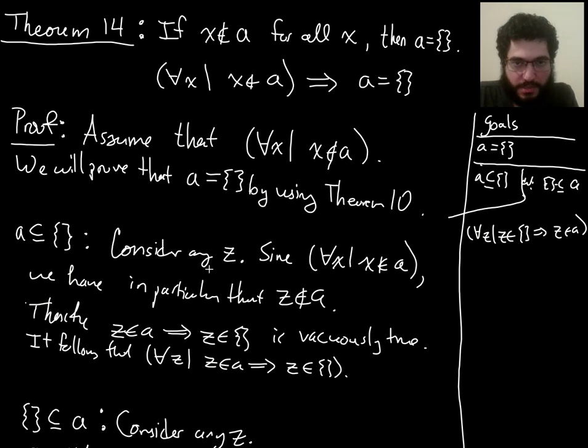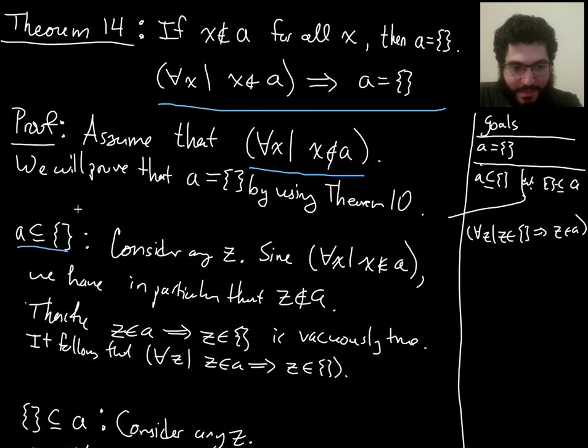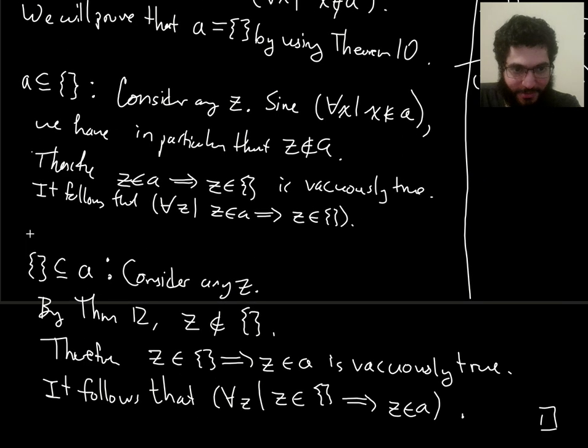So one interesting thing to notice about this proof is that when we proved this inclusion, we needed to use our assumption here, right? What we were proving is this implication. To prove this inclusion, we needed to use the hypothesis in the implication, so we needed to use this assumption. However, to prove this inclusion, we did not need that assumption.